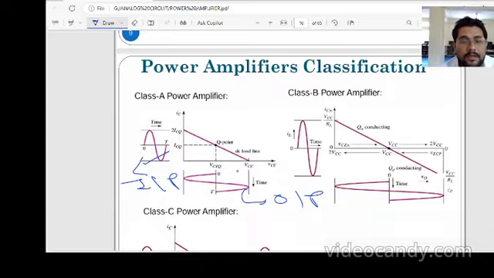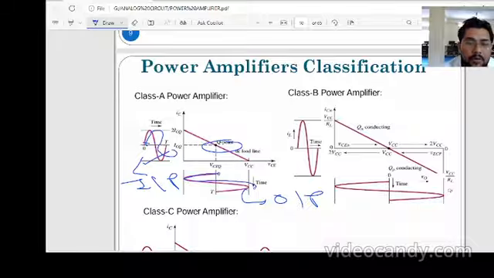Because the Q point is in the middle of the load line, the signal is not clipped anywhere or distorted. The same signal appears directly as the output.